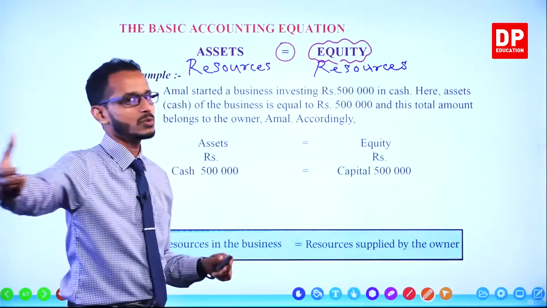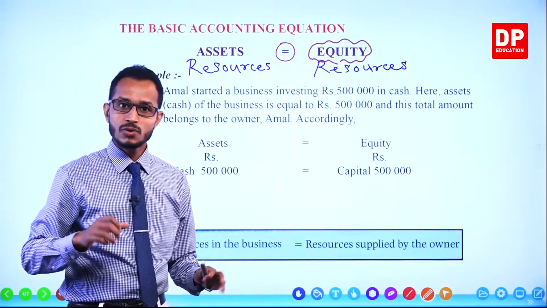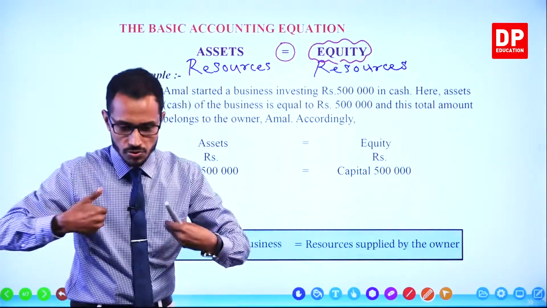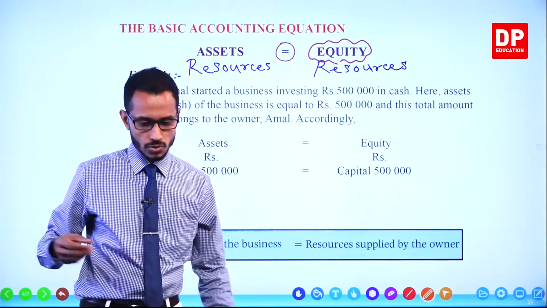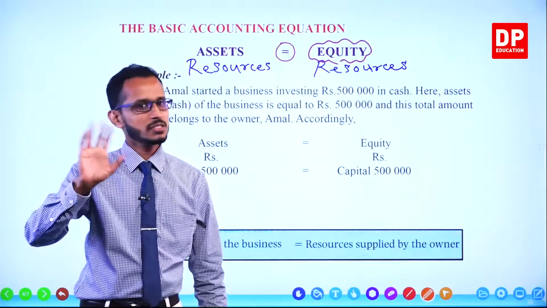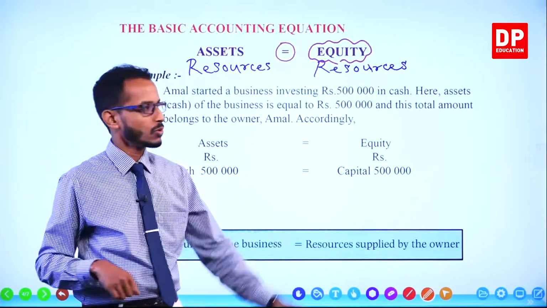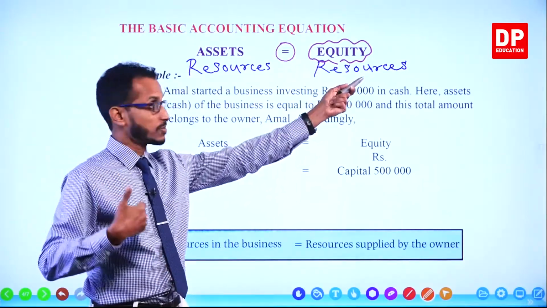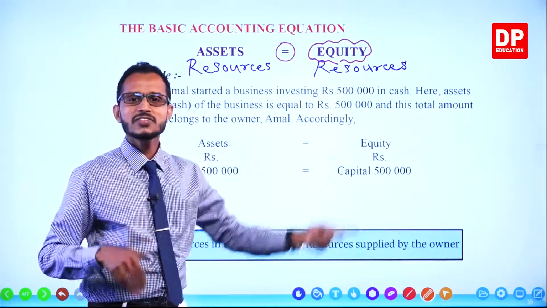Nothing has been borrowed from external parties. All the assets, all the resources have been brought in by the owner. Nothing has been taken or borrowed from outsiders. So all the assets, all the resources are equal to the owner's resources. That means all the resources are mine. Only I have invested.